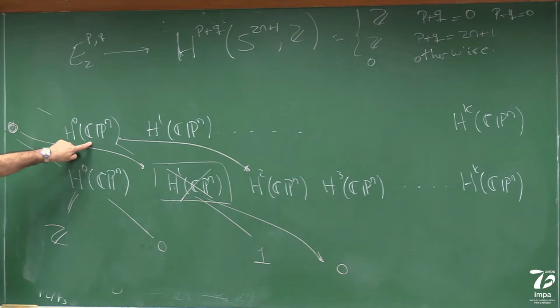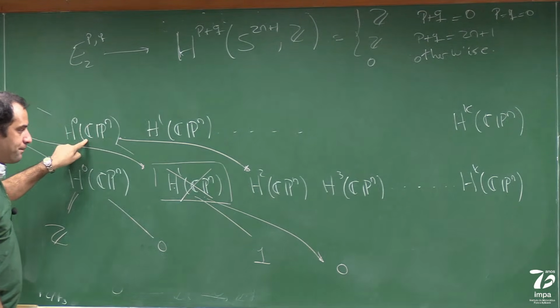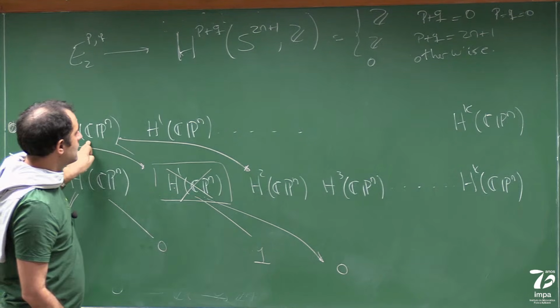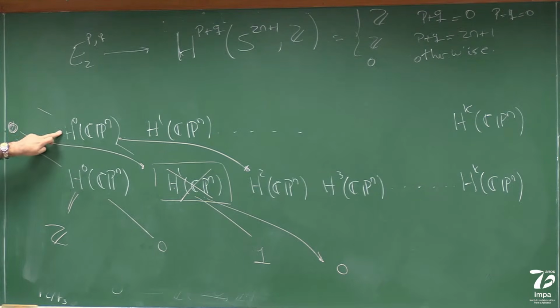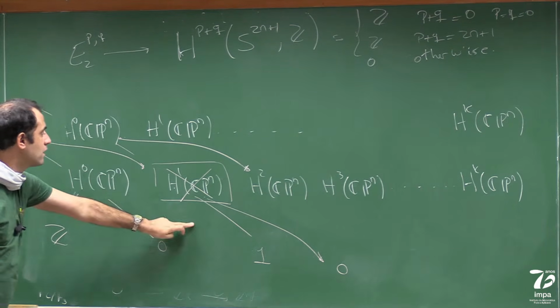Now, let's look at this space. I have a map from here to here, which might or might not be 0. However, what I know is that if I have something in the kernel here, it can never be in the image, because I have nothing that kills this. And S^(2n+1) does not have H1 homology. This is in degree 1 homology.